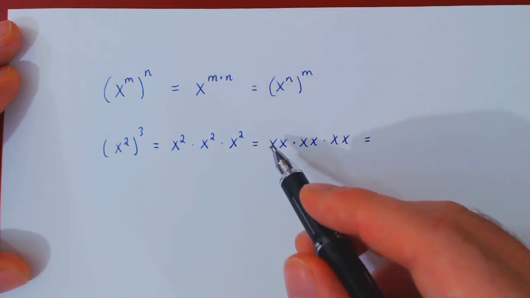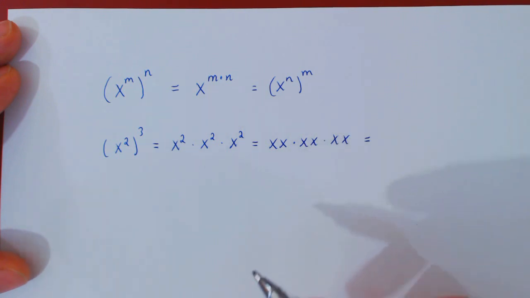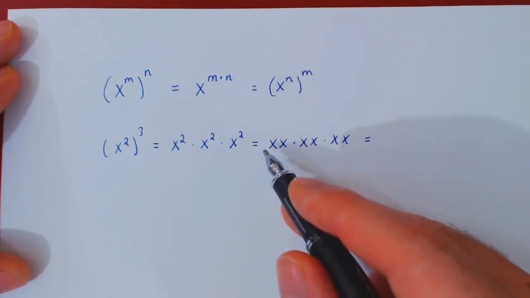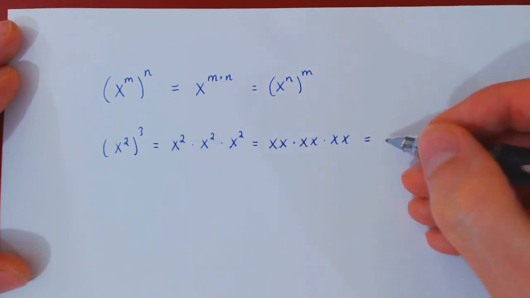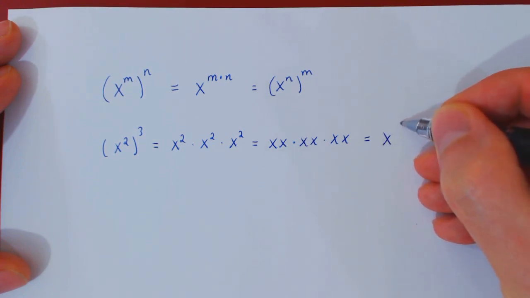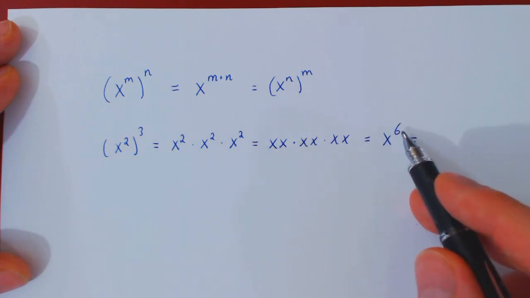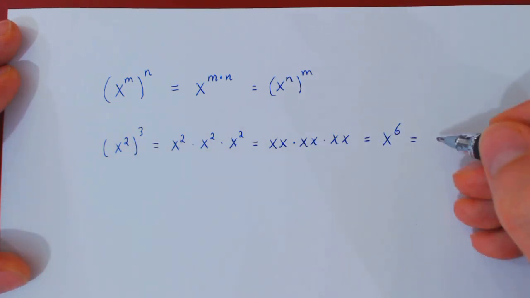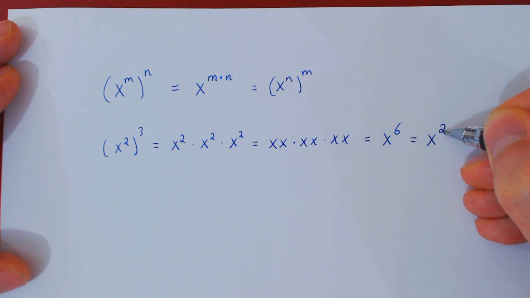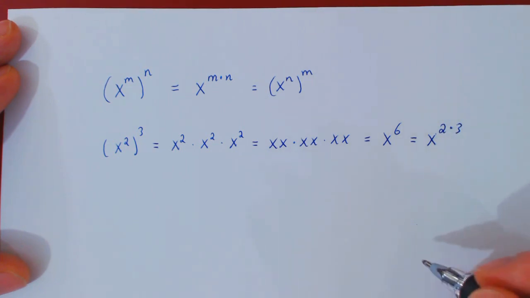And now, quite obviously, we have 1, 2, 3, 4, 5, 6 x's. So we are multiplying x with itself 6 times. This is by definition x to the 6. And if you ask, well, how do you obtain 6 from 2 and 3? Well, the answer is obviously 2 times 3.